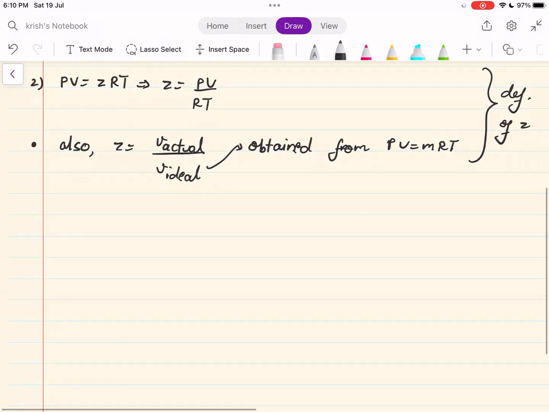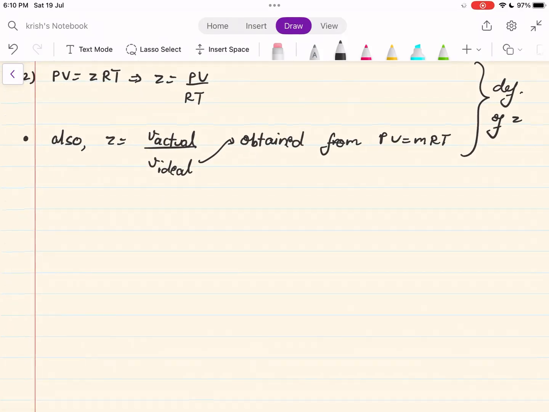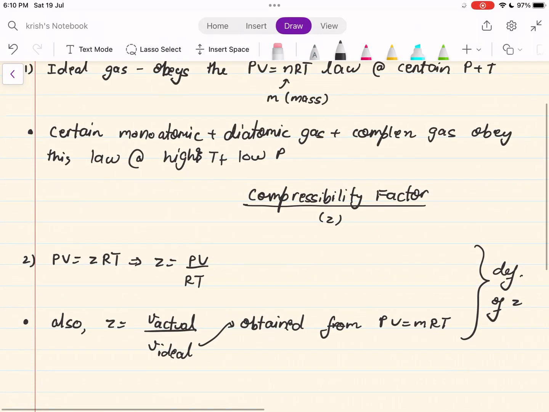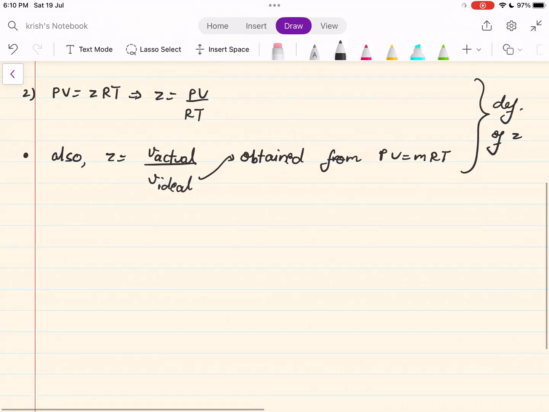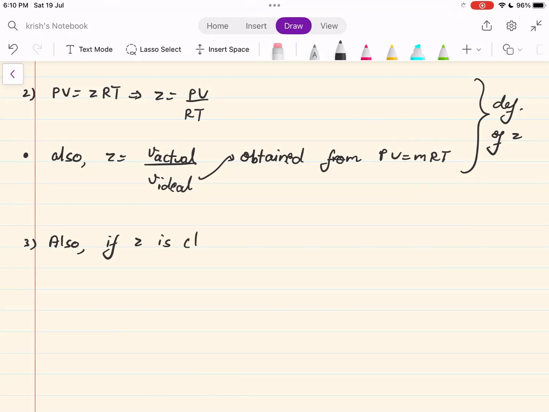A lot of this ideal gas stuff can be gone deep into theory, but I don't want to do that. I just want to equip you with the tools to solve the type of questions that will be asked. So this is a very concise lecture. Also, if Z is closer to 1, then gas is closer to ideal behavior.